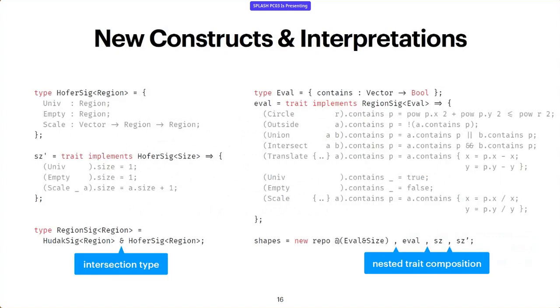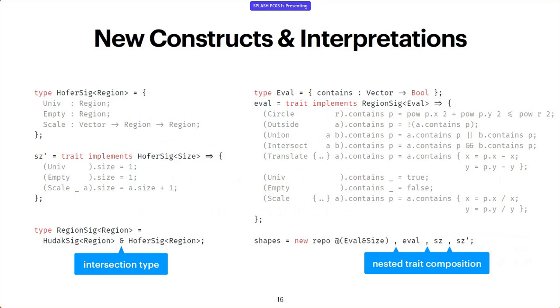To add new constructs and interpretations, we can refer to this code. And actually, you don't need to read the Greek code because it's just translated from the previous code. You can just focus on the sketch that we first define an interface that contains 3 new constructors, and we can still implement it using a new trait SZ prime.